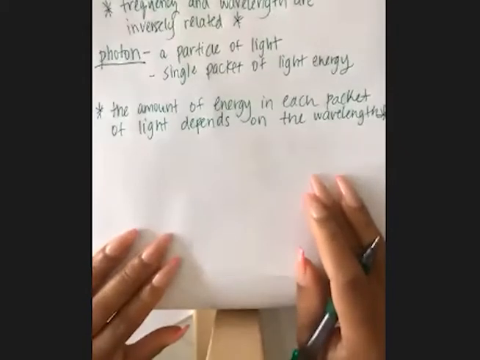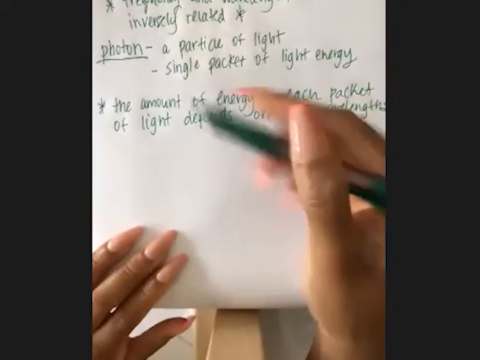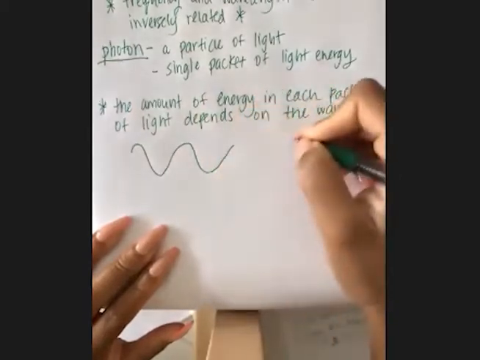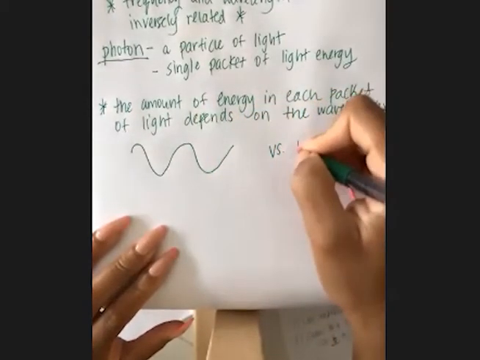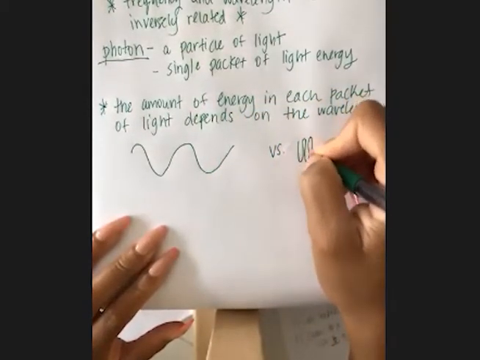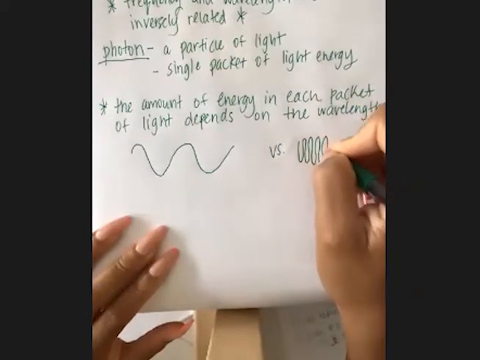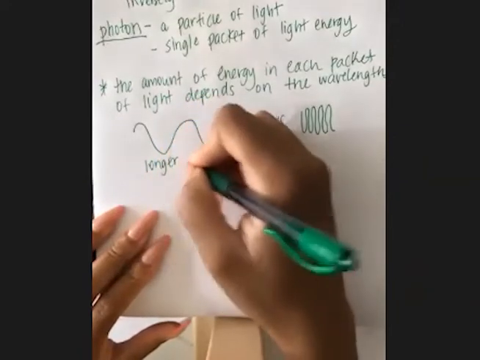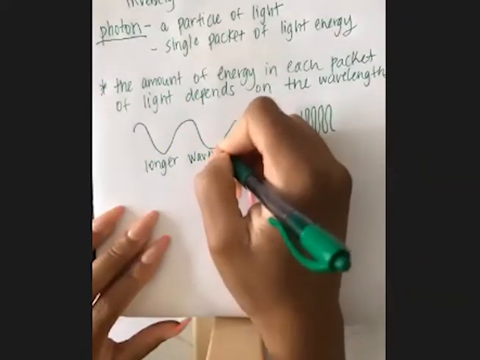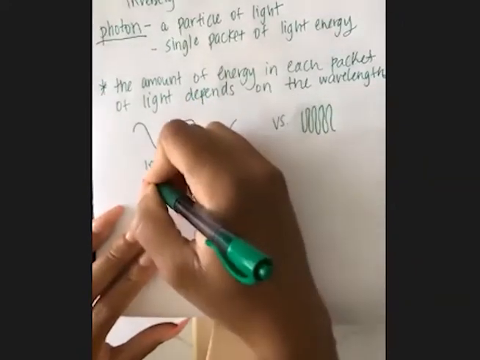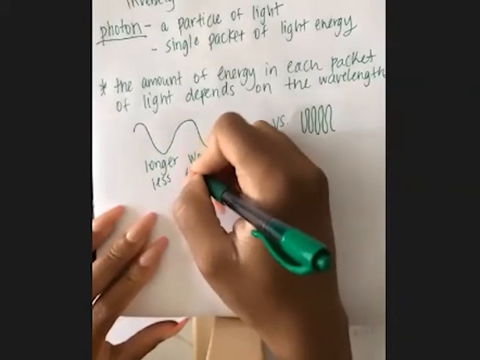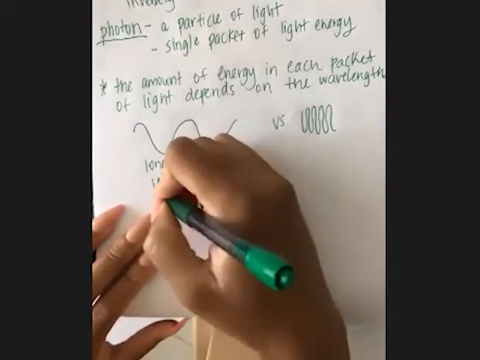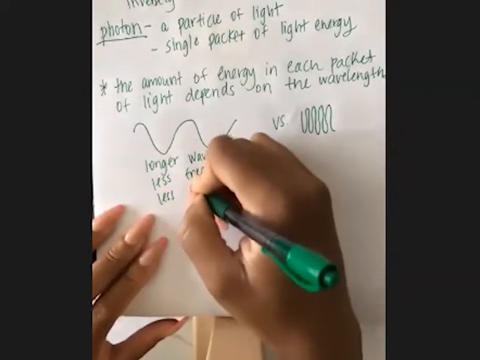So the shorter the wavelength, just like with frequency, so longer wavelength versus shorter wavelengths. This is a longer wavelength, which means less frequency, which also means less energy.